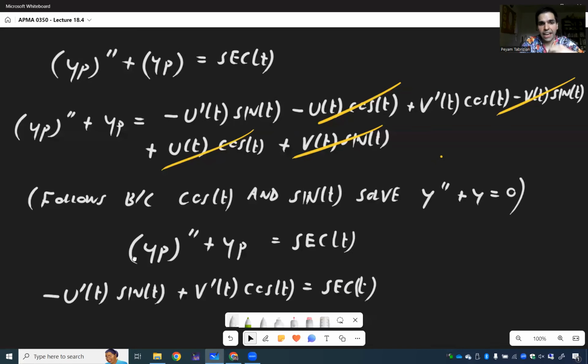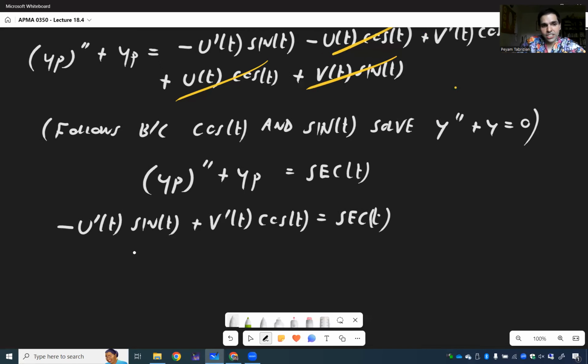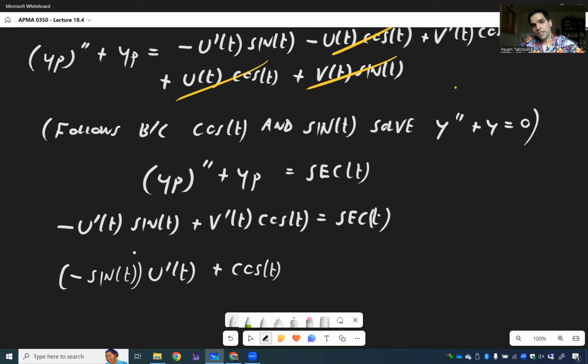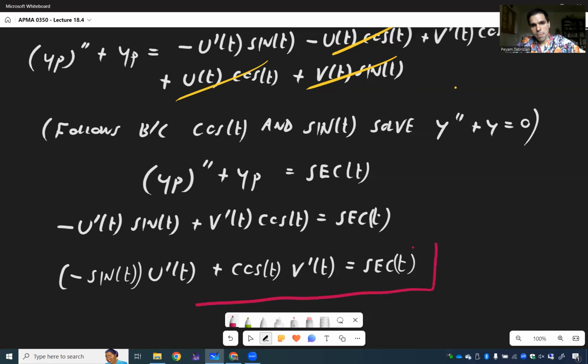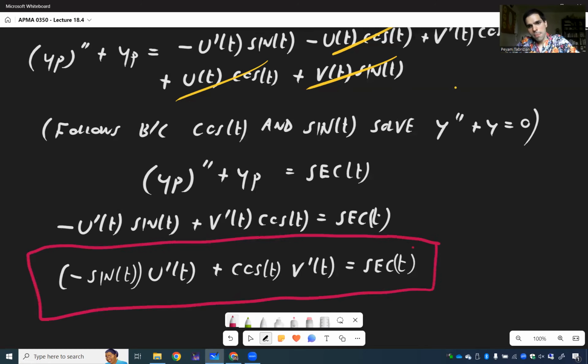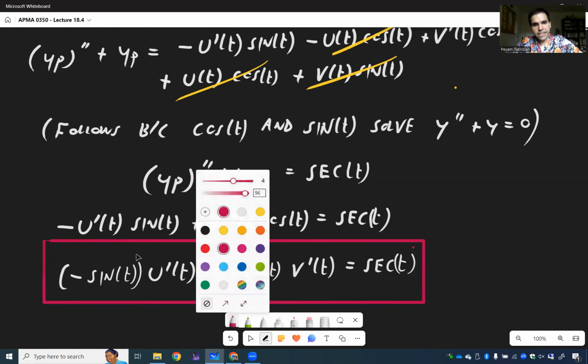And we then get our second equation. So minus sine of t u prime of t plus cosine of t v prime of t equals secant of t. So that's our second equation.